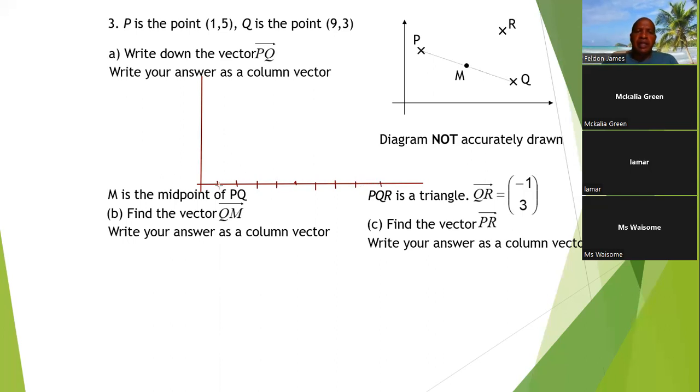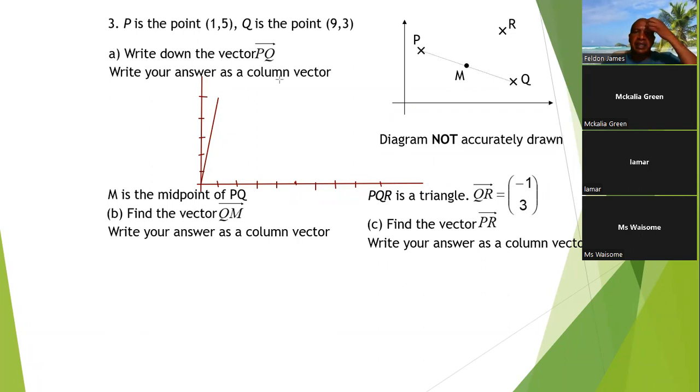And we want 1 on the X, 5 on the Y. So we're going up 1, 2, 3, 4, 5. So 1, 5 means you go 1 in the X direction and 5 in the Y. This position vector will start from 0, go to 1 and up to 5. So it will be right here.